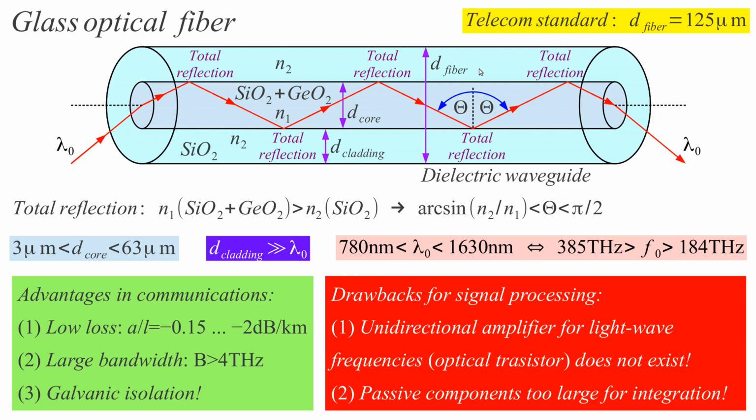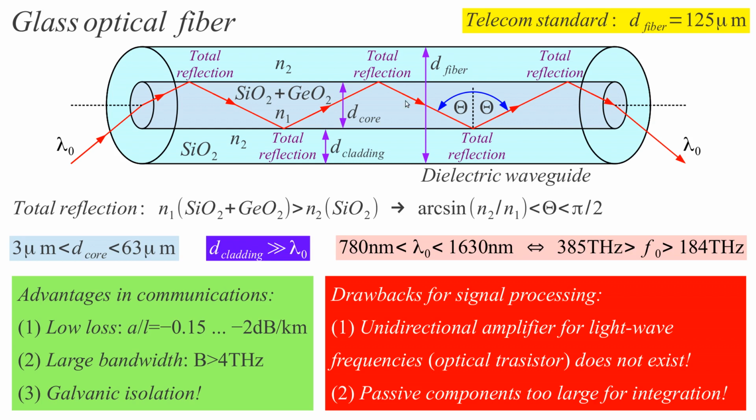So this material is provided as low loss. And about the dimensions, external diameter 125 micrometers. This is for standardization. We need sufficient cladding, and usually we do get enough cladding to suppress any tunneling through the cladding to the outside world. So we have good guiding.